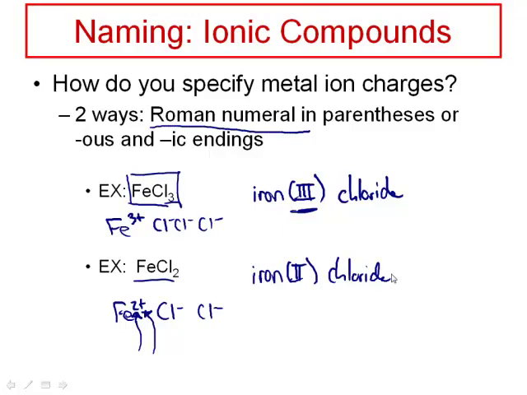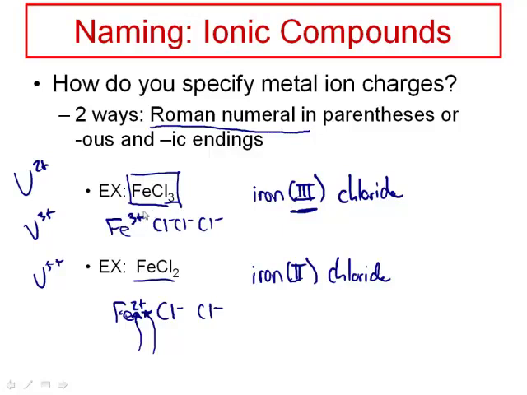Now, 2 and 3 are the charges that iron can have, but some things can have a bunch of different charge states. Vanadium is one of those weird elements. It can be a 2+ ion, a 3+ ion, a 5+ ion, whatever. There are a lot of different charge states vanadium can have. A lot of different transition metals can have more than one possible charge state. Now, there's another way we can do this too.